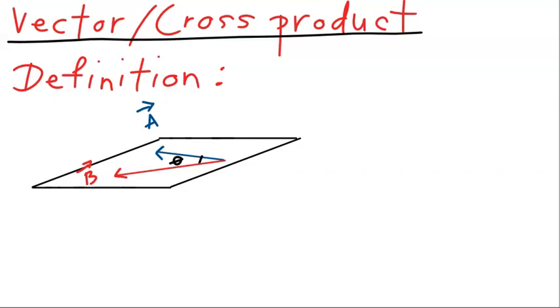In this video, we'll concentrate on the vector product, or the cross product, between two vectors. Suppose you're given two vectors a and b as shown.